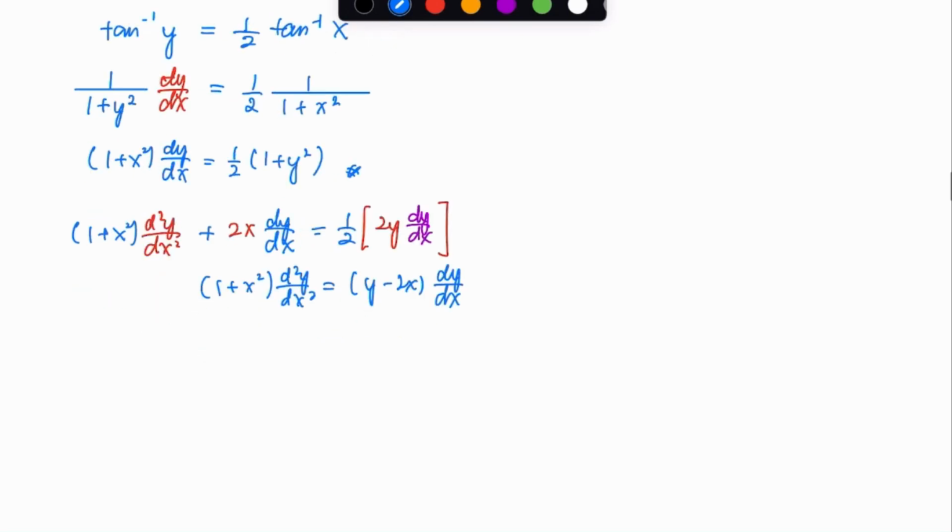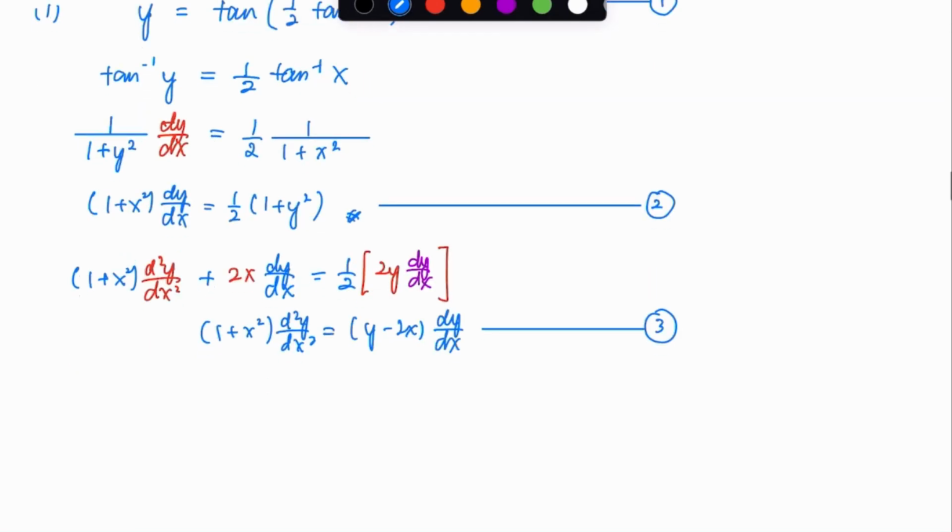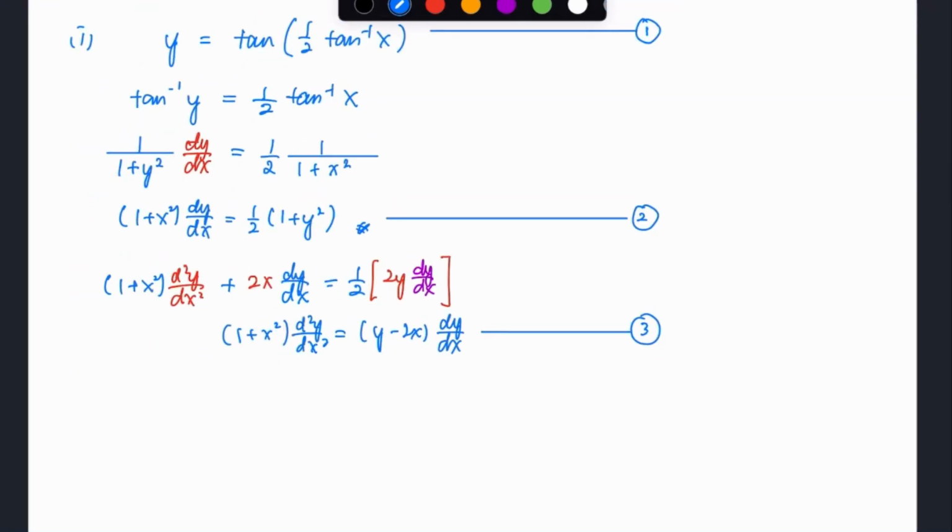Okay, so let's do some landmarking. This is equation 1. First derivative, equation 2. Second derivative, equation 3. One more round to find my equation 4. So copy, differentiate, then differentiate, copy.